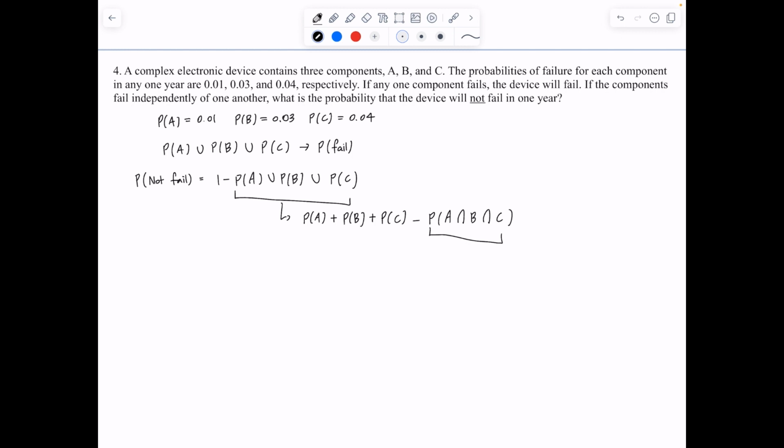Okay, and we learned that if A and B are independent events, then the probability of A intersection B is the probability of A times the probability of B, given that A and B are two independent events. And so we know that A, B, and C all fail independently.